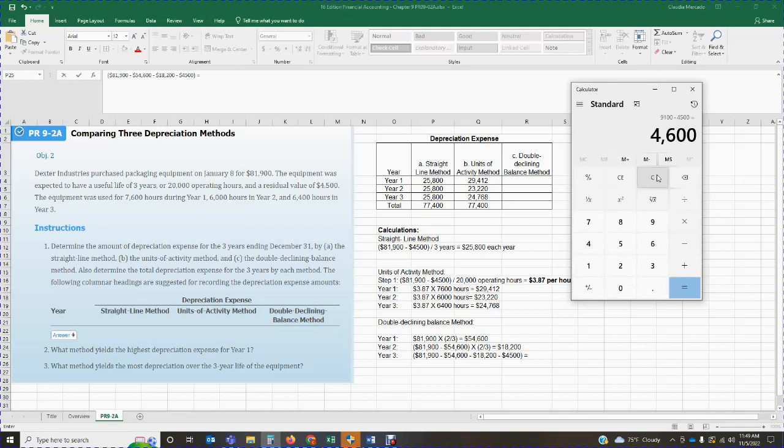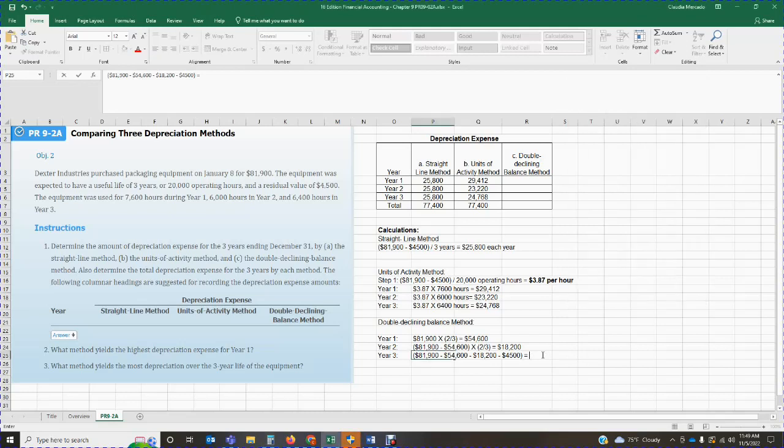That means that this year I'm going to depreciate my asset $4,600. Okay, so now I can enter that into my sheet. And let's get a total.